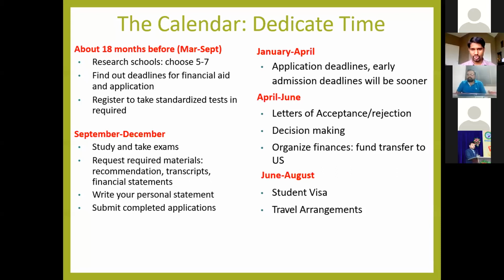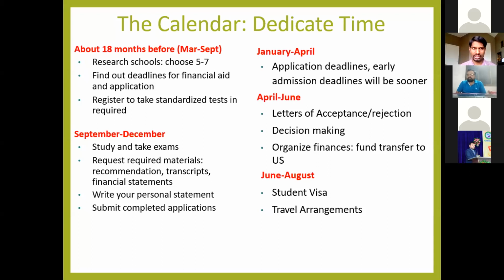Okay, so June to August, that's where I told you, right? In August we start a semester here. So once your acceptance letter is in your hand and you tell your university that you are willing to join their program, then you start your visa process in the April-June timeframe.